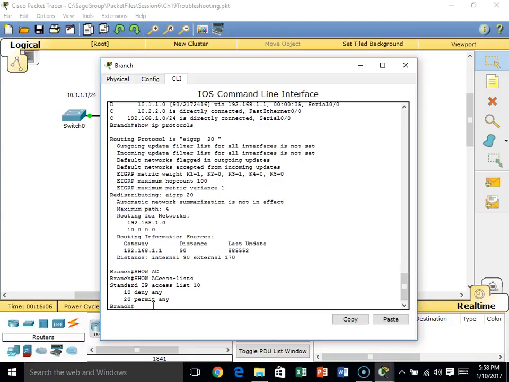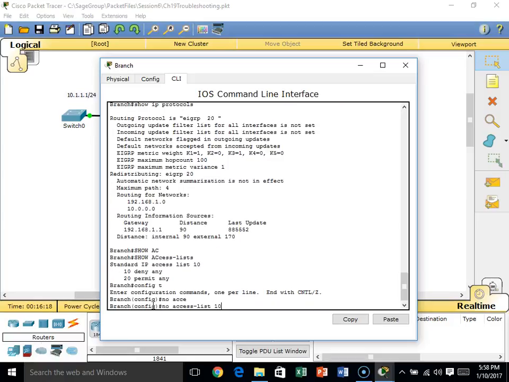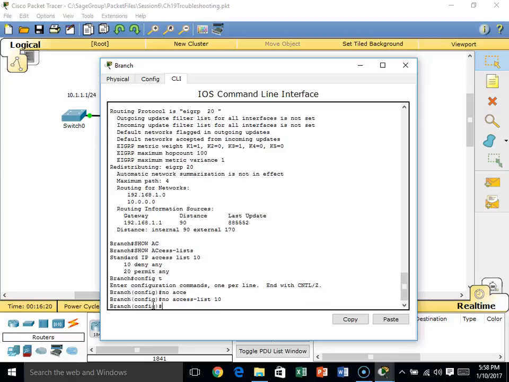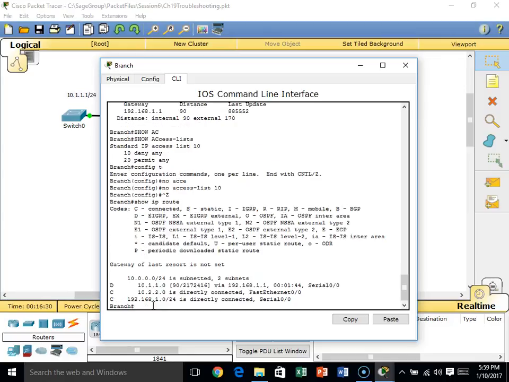Now, you can do an access list on EIGRP. This one's just an access list. So let's get rid of it. No access list 10. And that was one of the things that we had to do. And we're still not there.